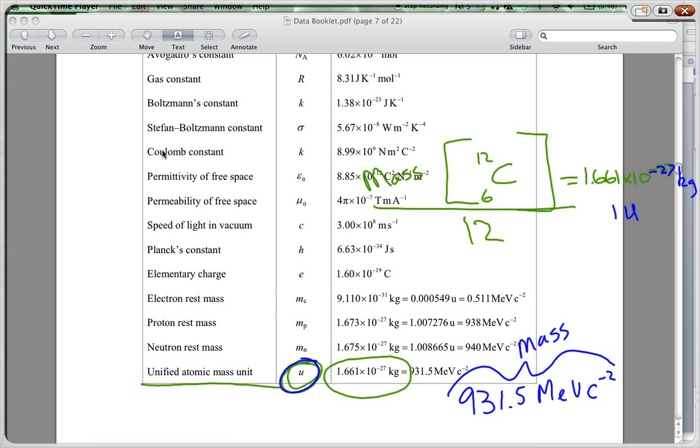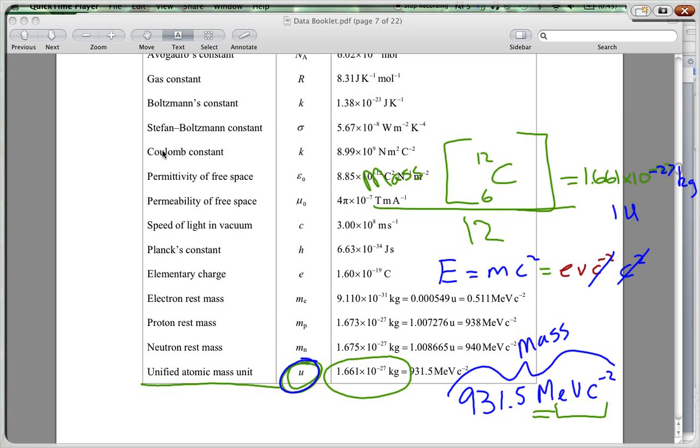Because when I put it into my energy formula, E is equal to mc squared, and convert that into an energy, if I just take the unit part, obviously the mega corresponds to 10 to the 6, it's a million. The unit part is eV c to the minus 2, and then I have my c squared.